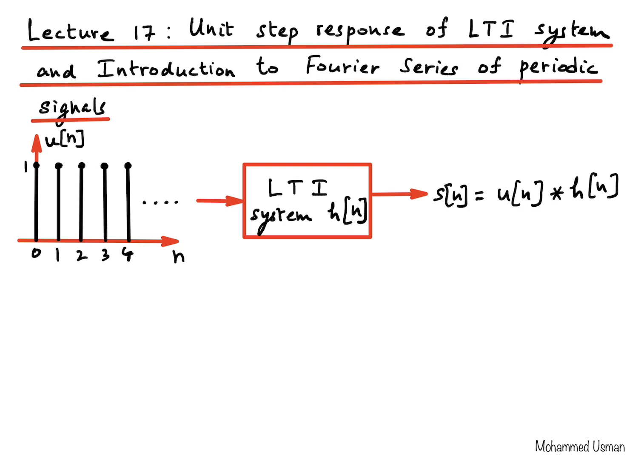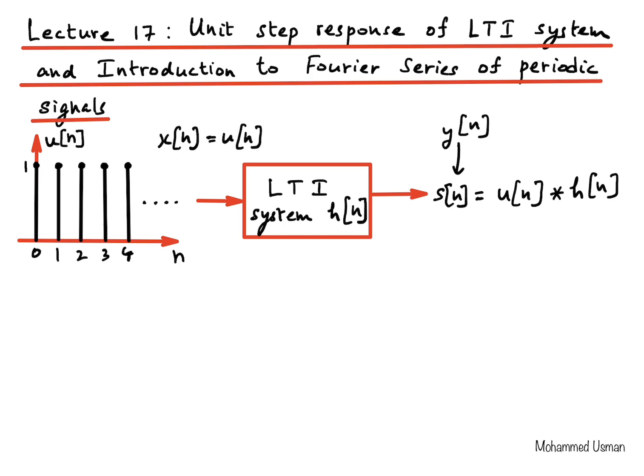Okay, so instead of y of n, the general notation for output, we call it s of n now, because this is the output when the input x of n is u of n. Okay, so the input x of n is equal to u of n.